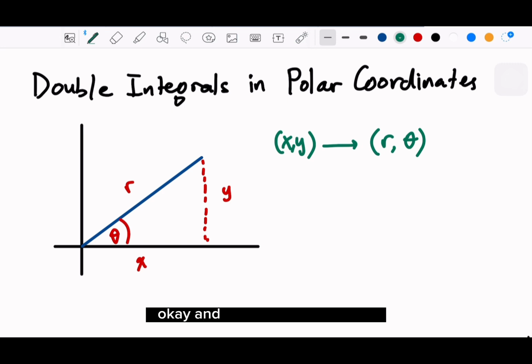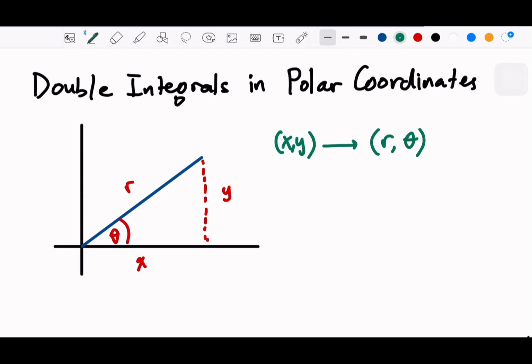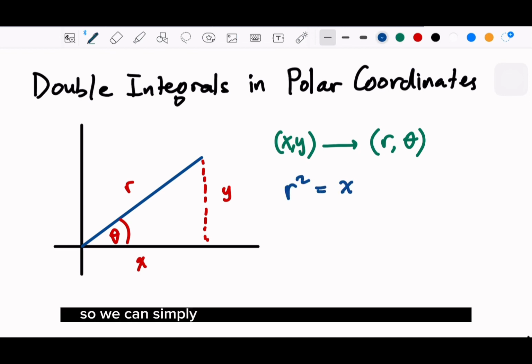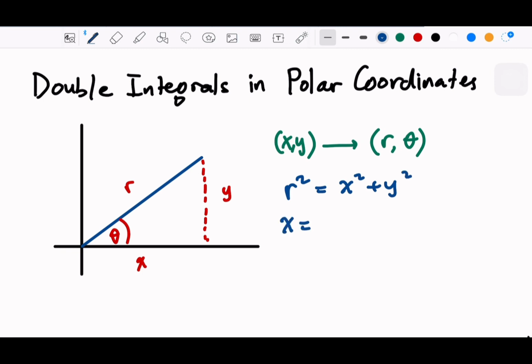I believe in chapter 10 we already learned how to convert them and also how to take calculus into polar. So we can simply convert by taking these formulations.